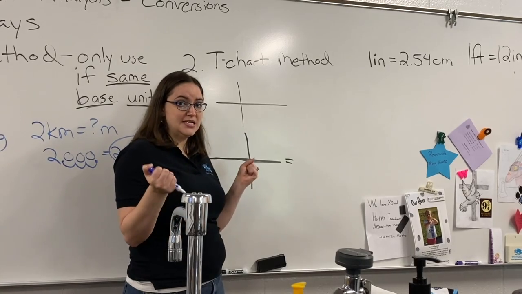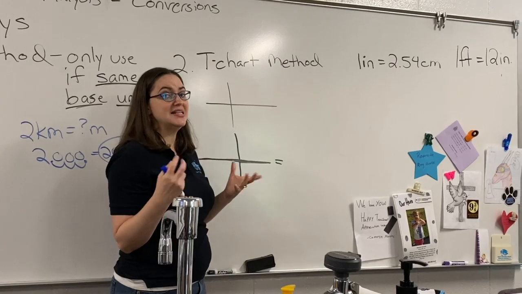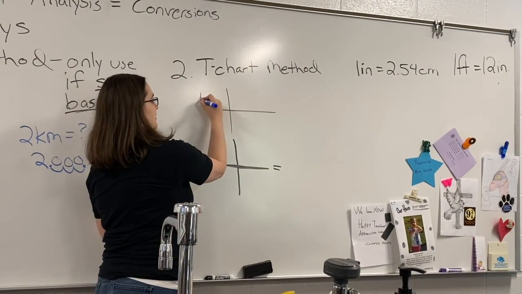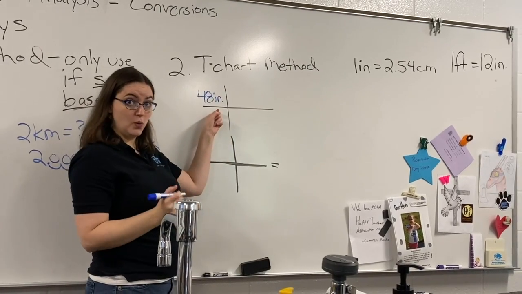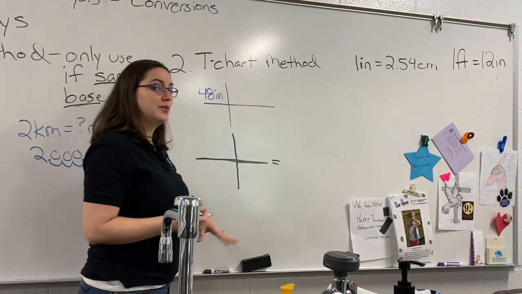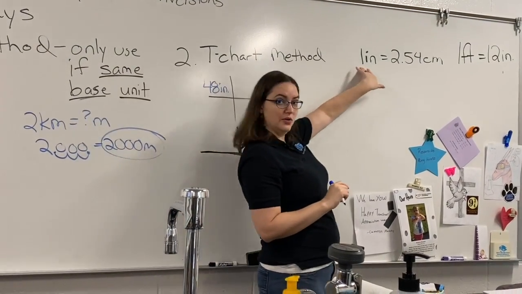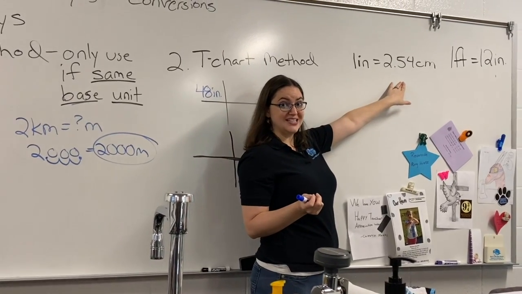Let's pretend that my son is 48 inches tall, and I want to know how many centimeters that is. First we'd have our T. We put down what we know, and then we look at one of our conversion factors. We know, or we can look up, that 1 inch equals 2.54 centimeters.